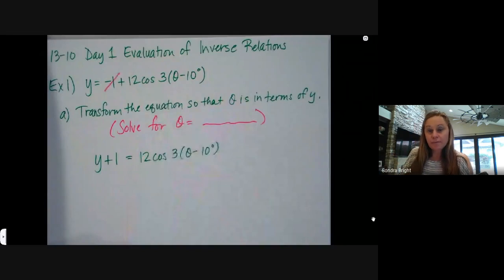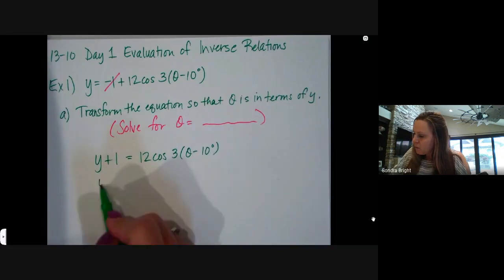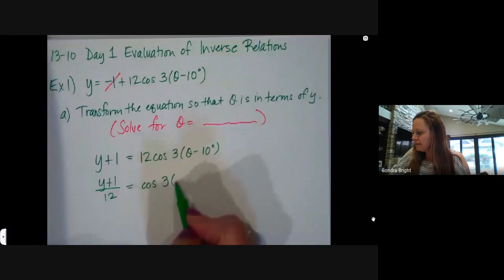So next thing you can do is I can divide both sides of the equation by 12 so that I'll have y plus 1 divided by 12 is equal to cosine of 3 times theta minus 10 degrees. So now I've gotten rid of the 12 in the original problem.